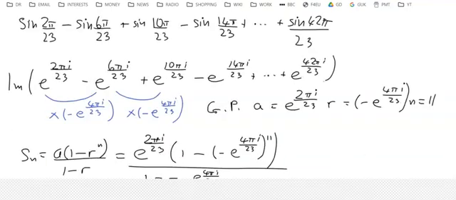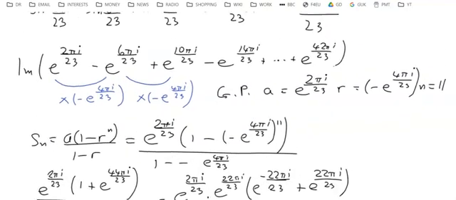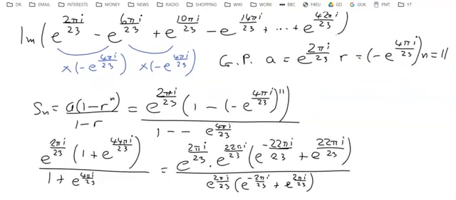If we fit into the usual formula for the sum to n terms of a geometric progression, we have e^(2πi/23) times (1 − (−e^(4πi/23))^11), all over 1 − (−e^(4πi/23)).